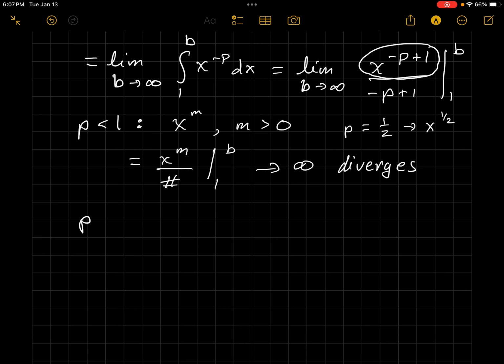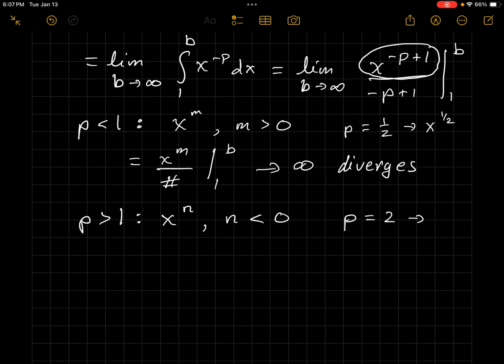But what if p is greater than 1? Well, if my power is greater than 1, we will end up with x to some number, but where that new power is negative. Just like we did with p equals 2.